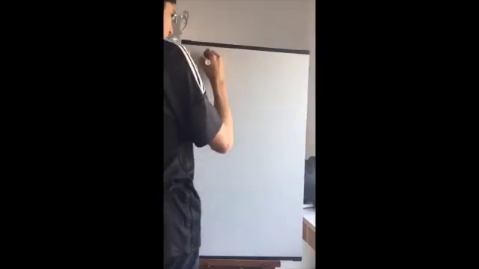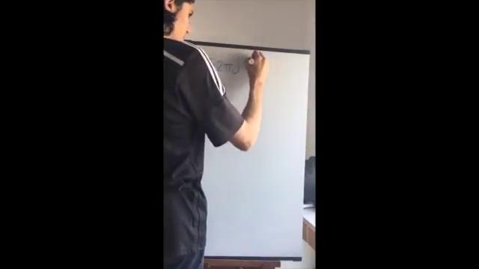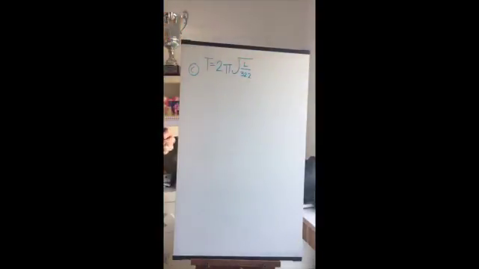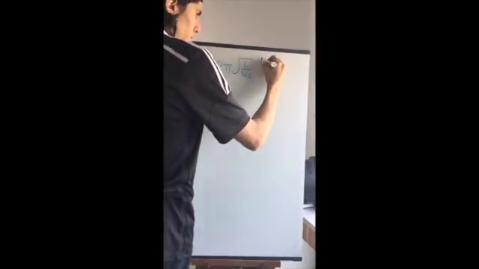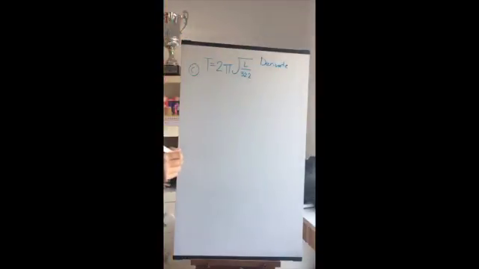Okay, so now it's asking us to find, on letter C, the approximation in the percent of change of the period. So we have to differentiate in order to get the change.